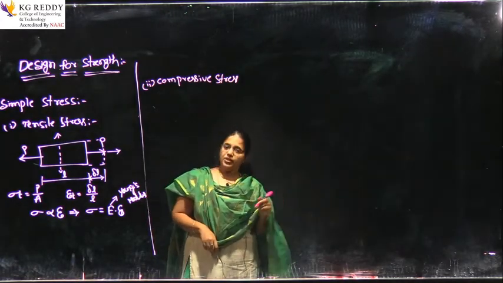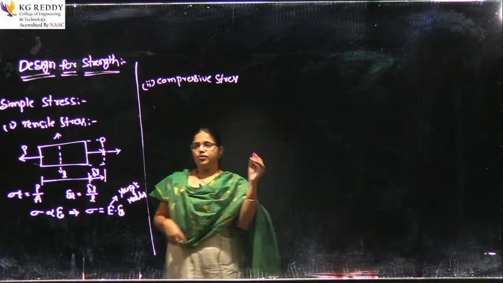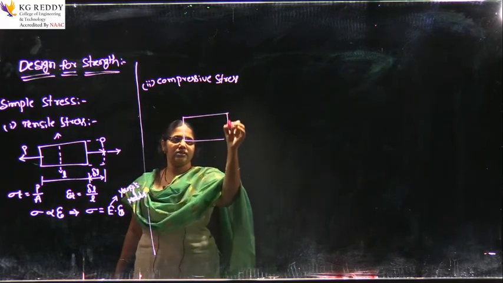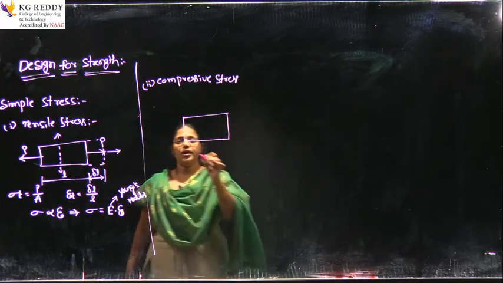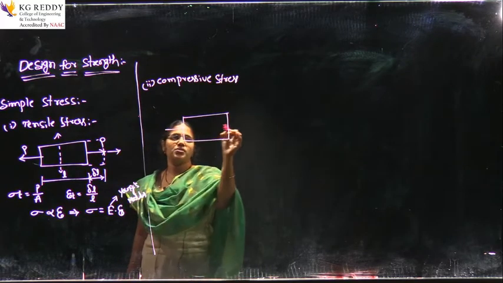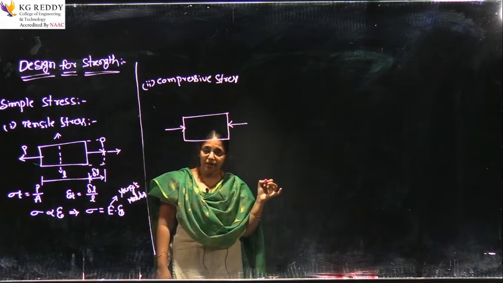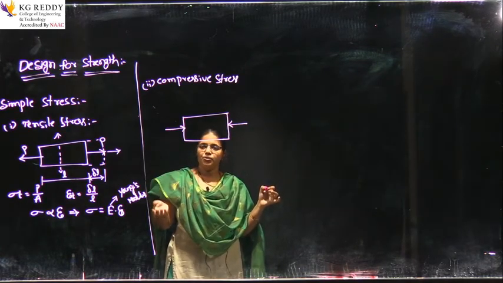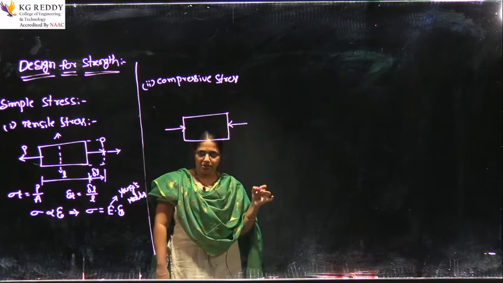So, what is the difference between the tensile test and compressive stress? Here I am taking the same bar element. I am going to apply the force in two equal and opposite directions, but here the force is two equal and opposite pushes.